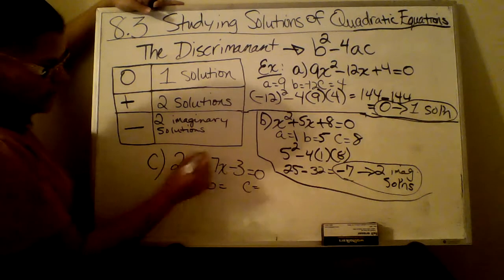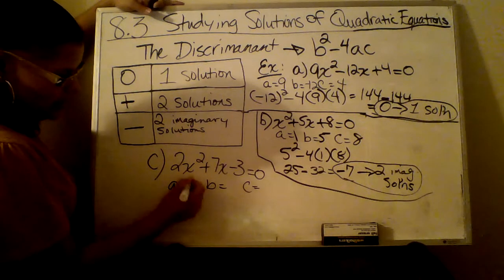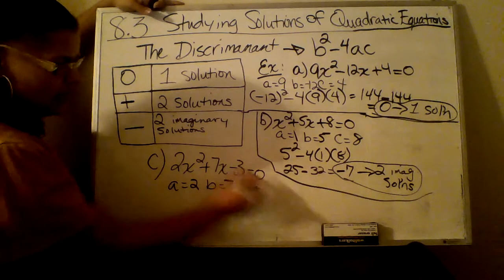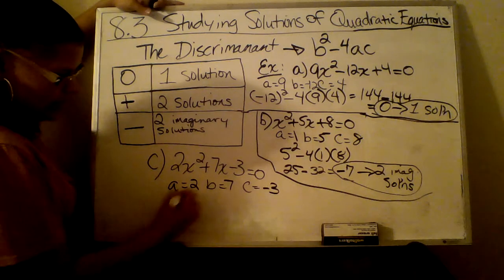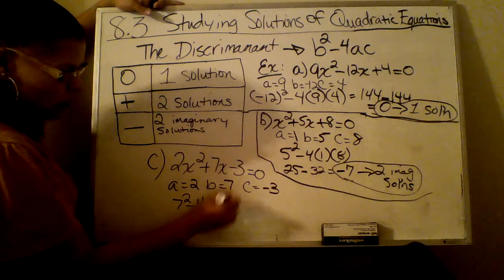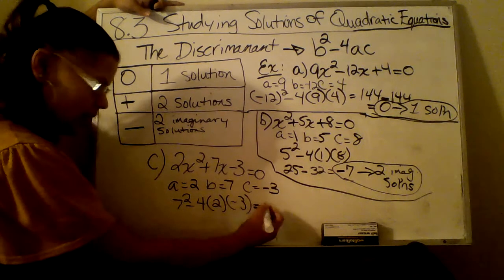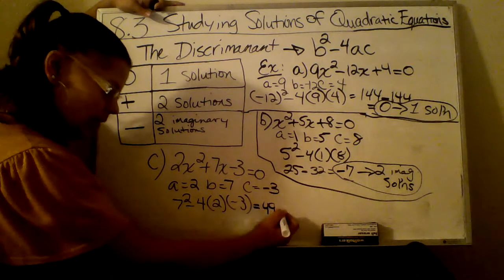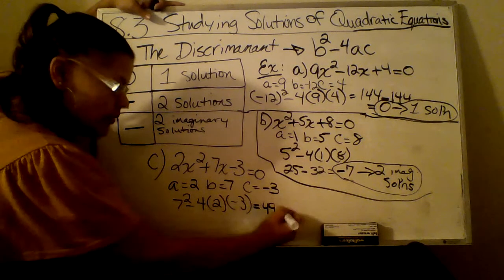Now for the final one. You have 2x squared plus 7x minus 3. So let's write down our A, B, and C. So that's 2, 7, negative 3 for C. So now let's replace: 7 squared minus 4 times 2 times negative 3. So now, when we calculate that, that's 49, and then we have 8, negative, negative, so plus, that's going to be positive.